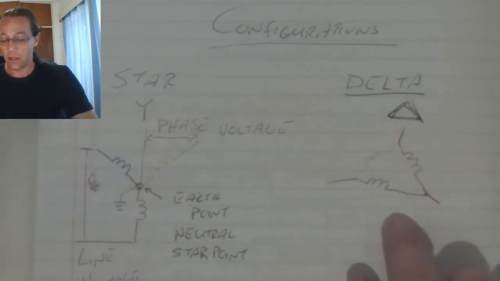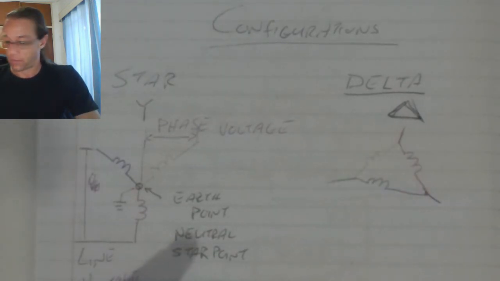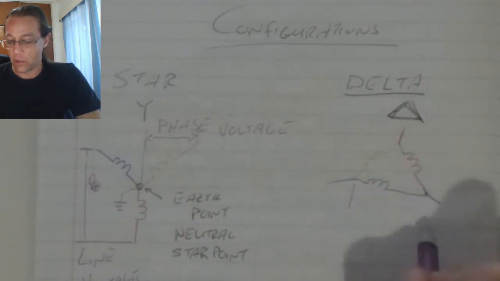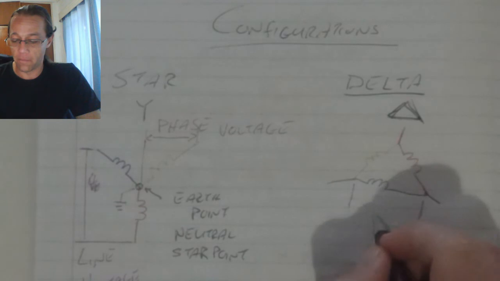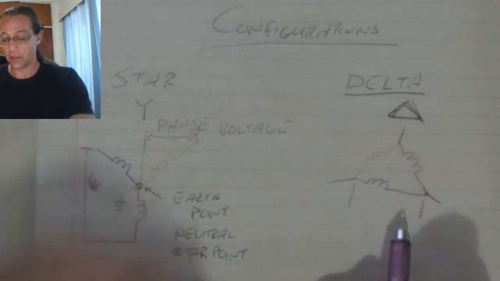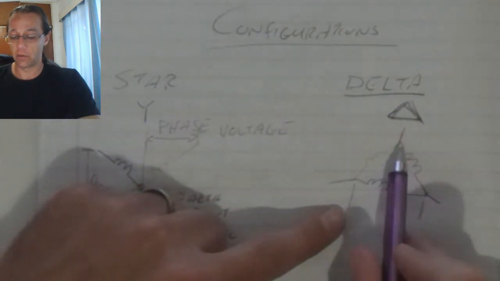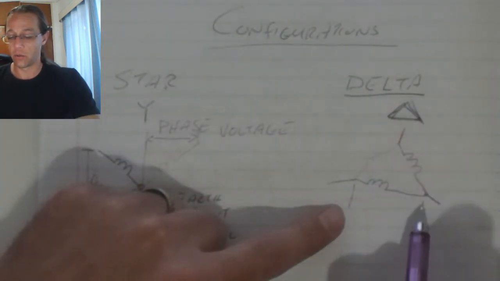Now we can also see that if we ignore, we say, what's my voltage over that coil? We can see that the voltage over that coil is the same as the sum of the voltage of those two coils.